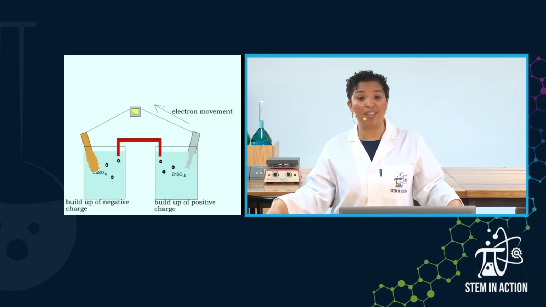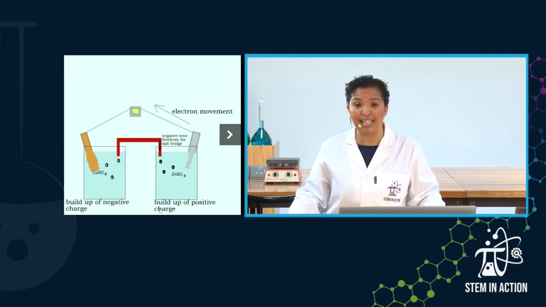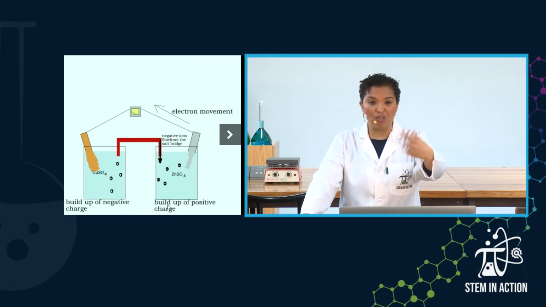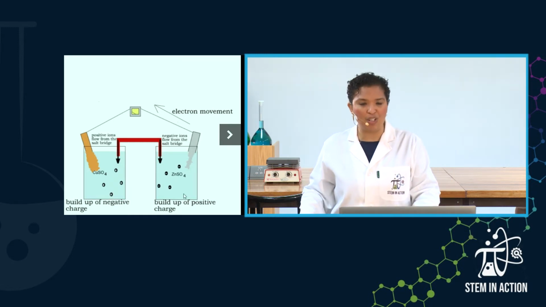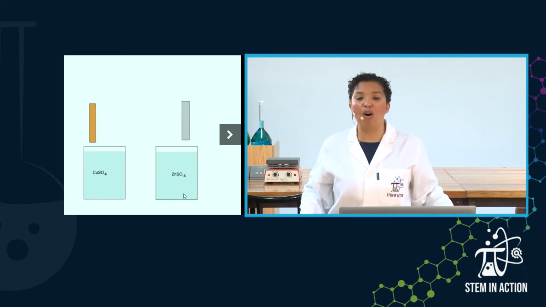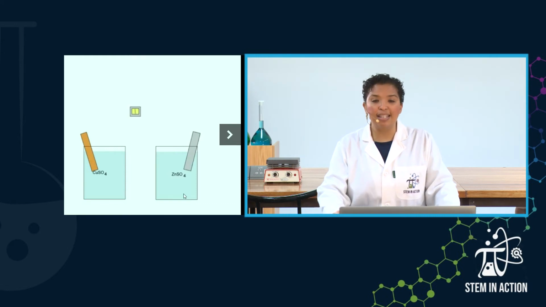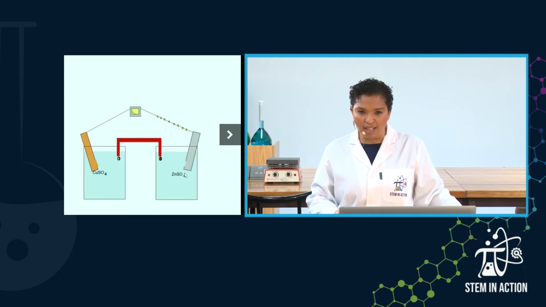If we consider this animation, and we know that oxidation occurs here, there's our oxidation half cell. I spoke earlier about the buildup of positive charge. That buildup of positive charge is really because the zinc 2+ ions are in solution from the electrolyte, but because the zinc metal is being oxidized, more zinc 2+ ions are going into solution. So there's a buildup of positive charge in this oxidation half cell.